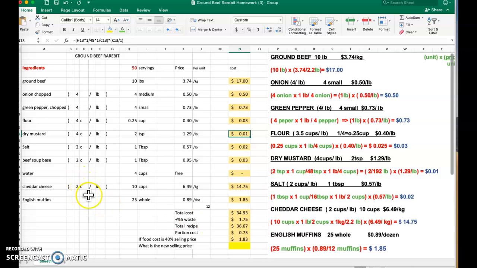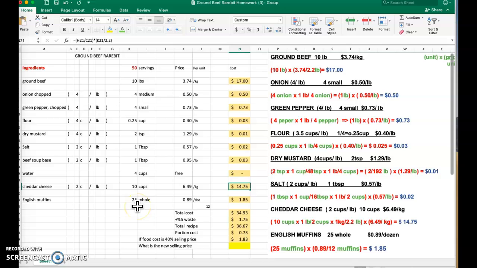So they told me here that 2 cups equals a pound. So like this, I could find the value for a pound, but it's not enough because the price is per kilo. So I found that 1 kilogram is 2.2 pounds. So like that I can calculate and find the value for cheddar cheese.